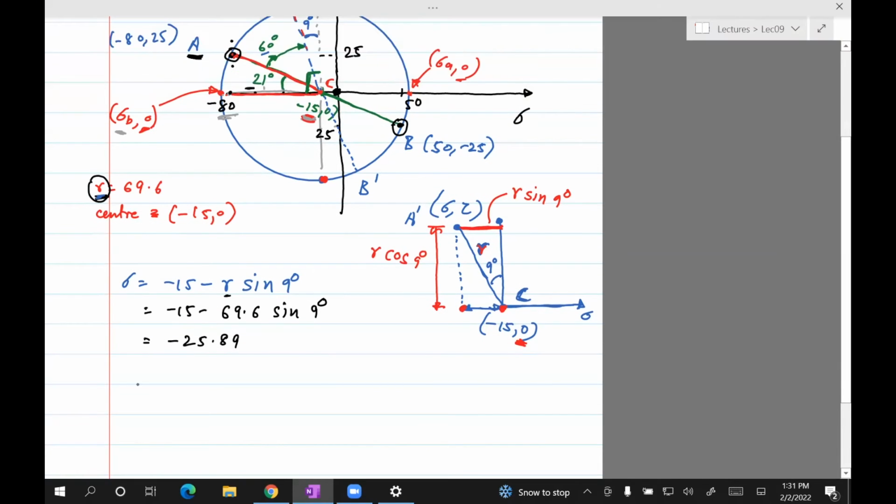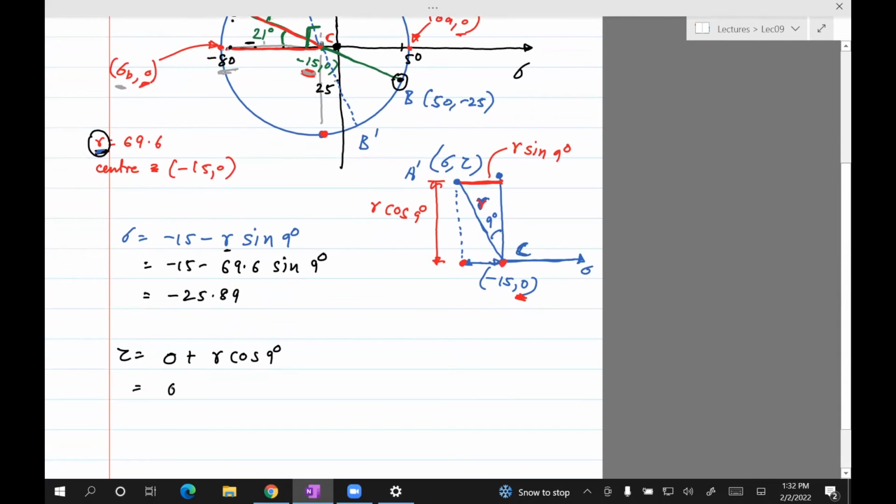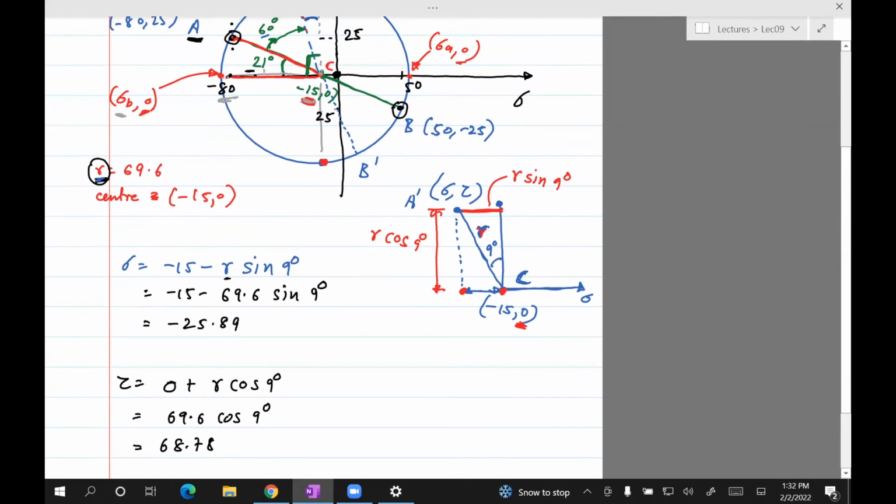So we can write tau as 0 plus, because it's above the y-axis, r cosine 9 degrees. So that comes out to be 69.6 cosine 9 degrees, which is 68.78. Okay, so by the way, that is for A prime.